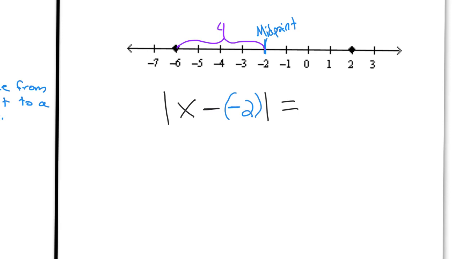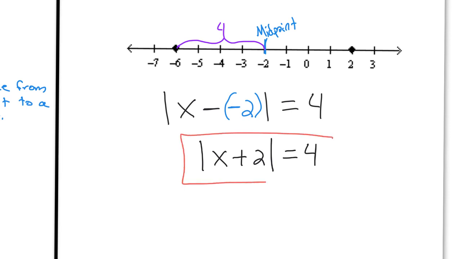You can count from the midpoint, 1, 2, 3, 4. So I'm going to put a 4 after the equal sign. Now I am going to simplify this double negative, so that's going to turn positive. So I'm going to have the absolute value of x plus 2 equals 4. And that is my answer.